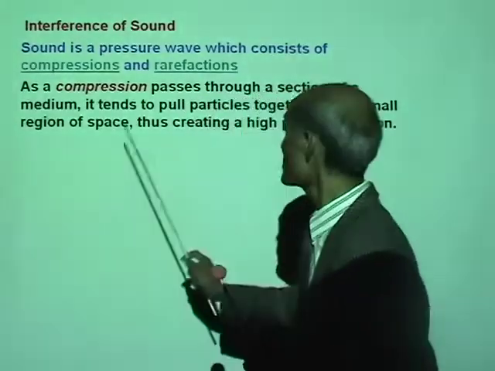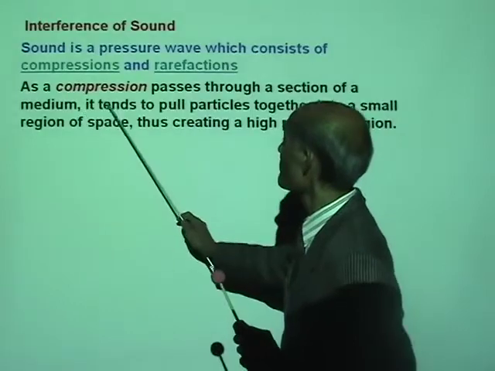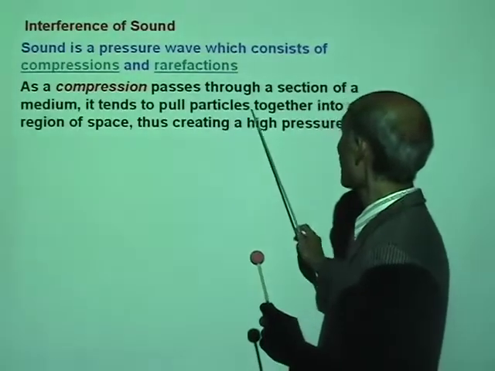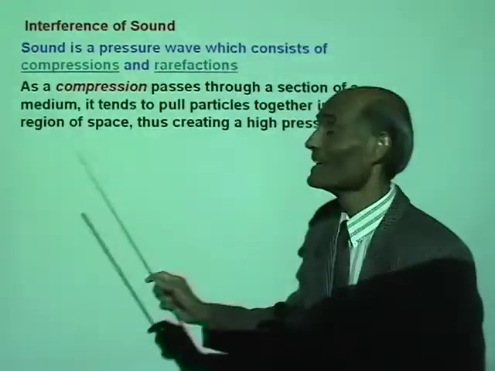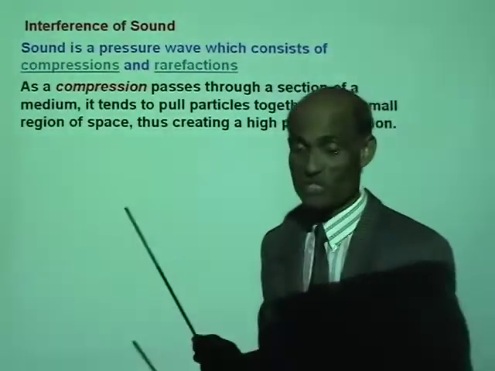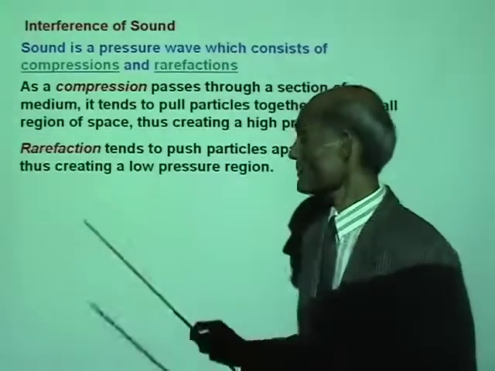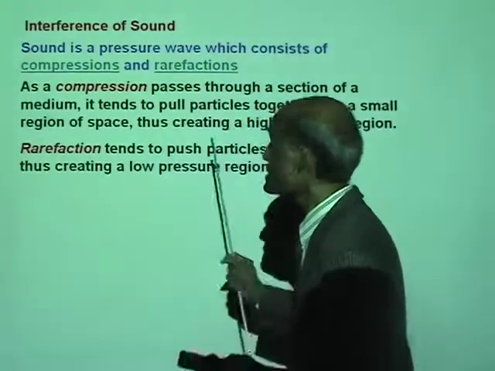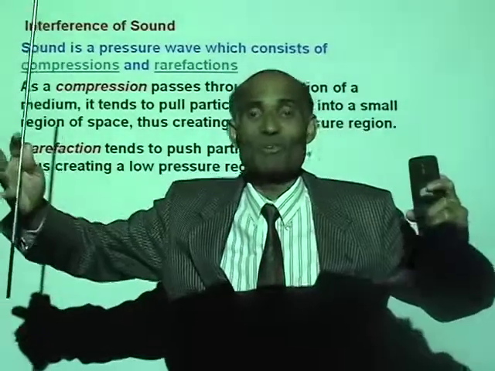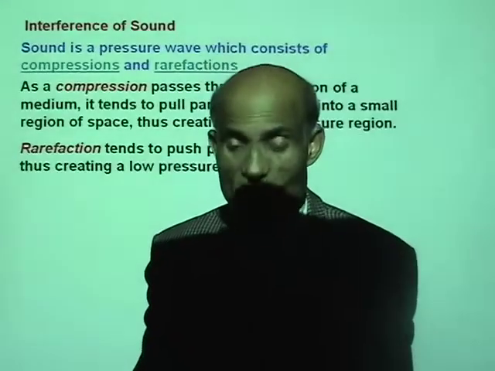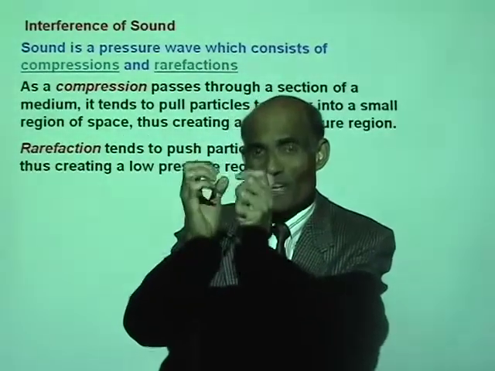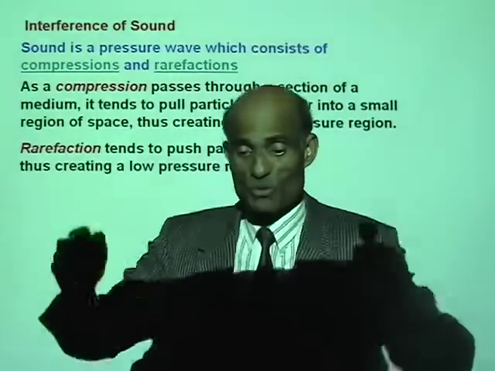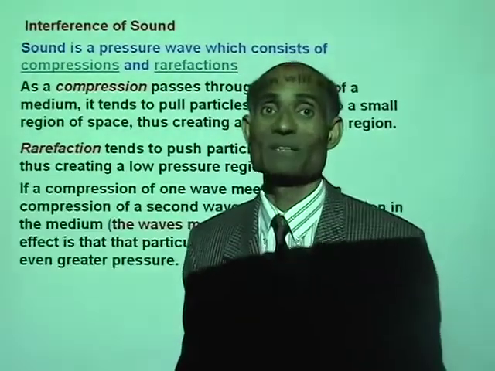So if a compression passes through a section of the medium, it tends to pull the particles together into a small space, creating a high pressure region. A rarefaction tends to push particles apart. So in a compression, the particles are pulled together. In a rarefaction, the particles are pulled apart.